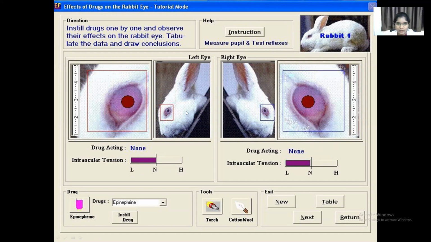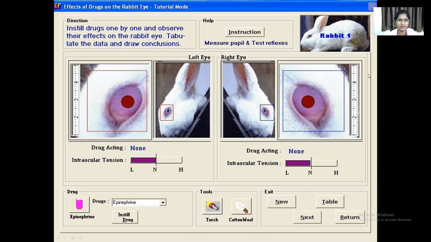Afterwards, there are other tools. Here you can see the tools: one is the torch and one is the cotton wool. How will we measure? By using the torch, you can see the light reflex, and by using cotton wool, you can see the corneal reflex.